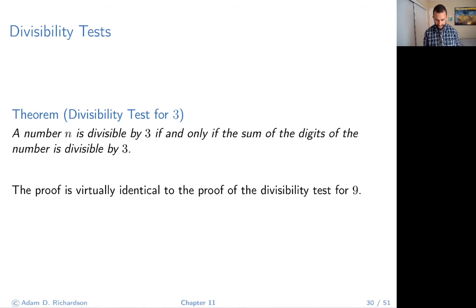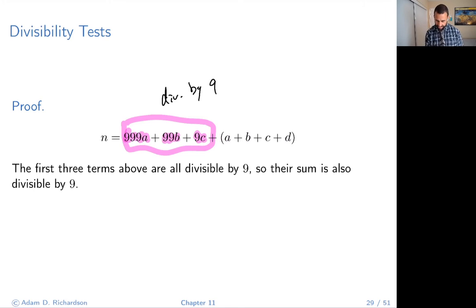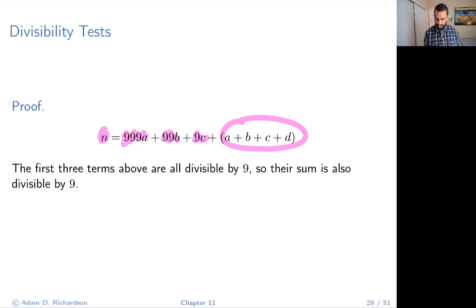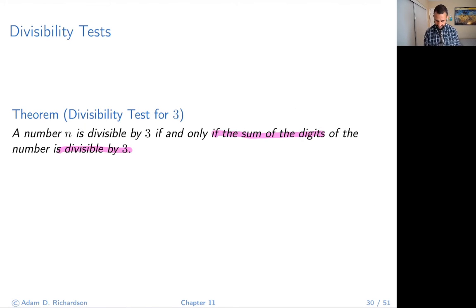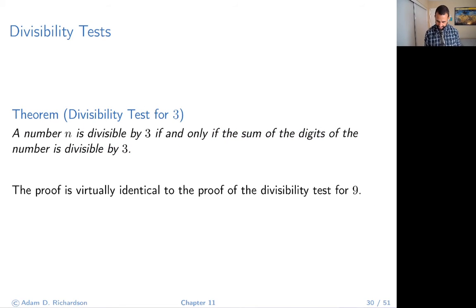It's virtually identical. The reason, again, is because each of these is already a multiple of 3. That's divisible by 3, that's divisible by 3, that's divisible by 3. So if we want to know if the whole number is divisible by 3, we just have to check that that's divisible by 3. That's the proof. So we've already done it. All right, moving right along.